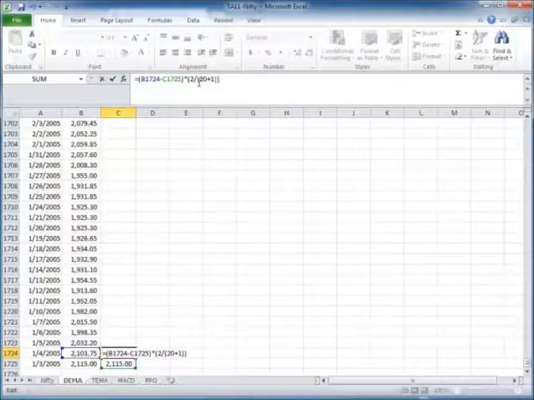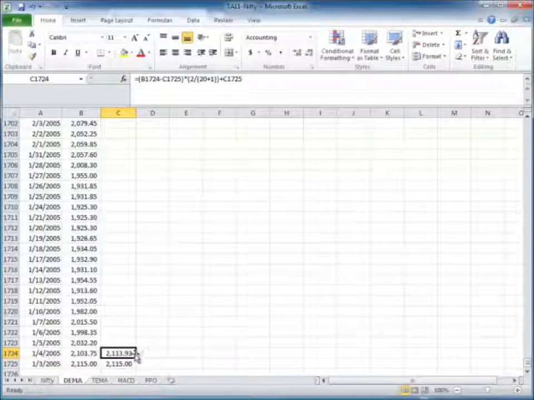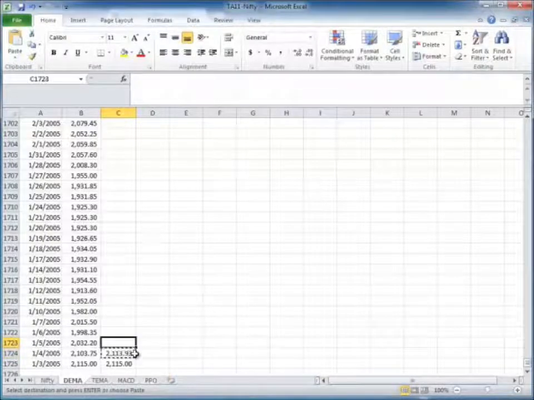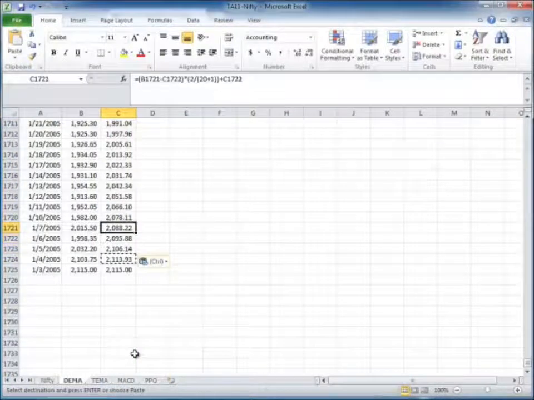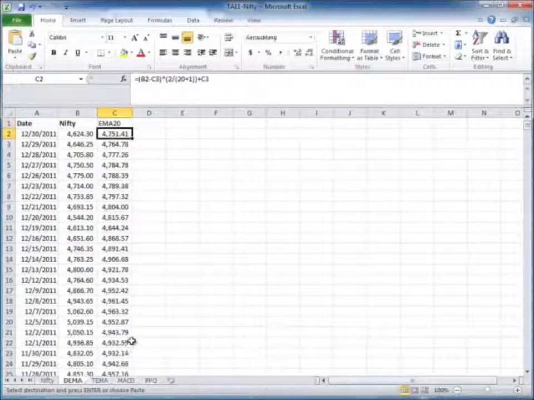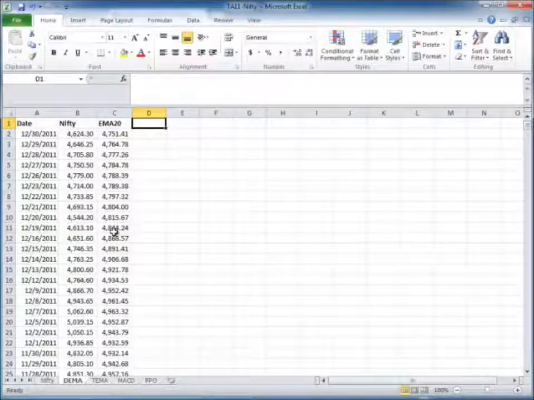And then we take all of that and we add it to the previous day. And this will give us the value of the EMA of 20 days. So then what I need to do is take this value and copy it all the way up. Alright? I go up here and now I have the 20-day exponential moving average.